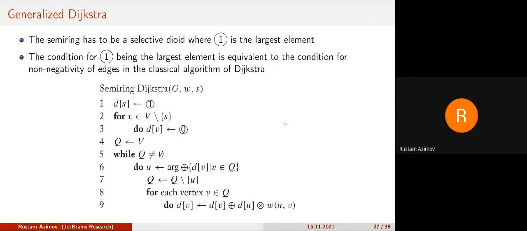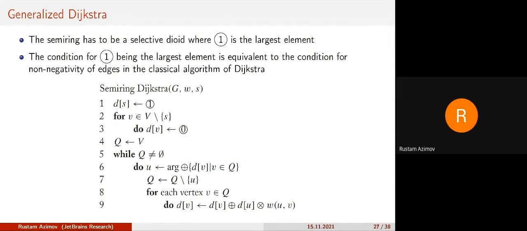And also the well-known algorithm of Dijkstra. Here we have the following condition.